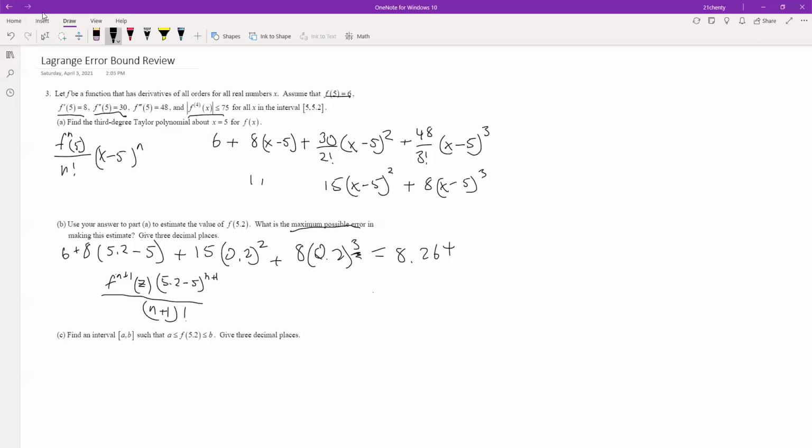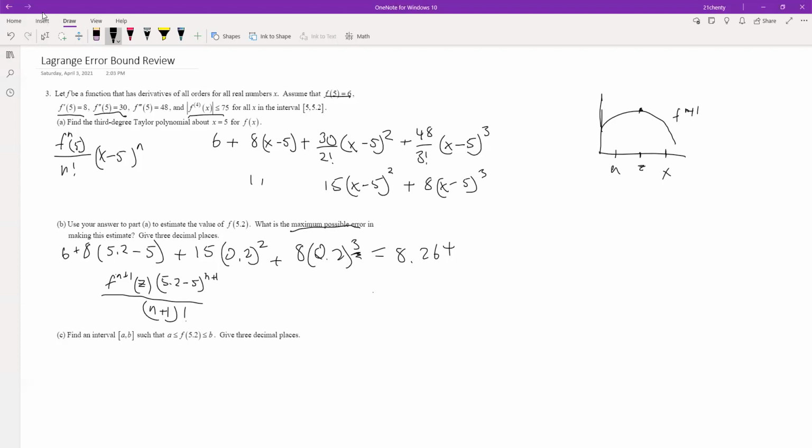Which means on the interval a to x, the point z is where the n plus 1th derivative has the maximum value. So just for example, if this is the graph of the n plus 1th derivative, and then this is A, this is X, or something like that, then this would be Z, because it's the maximum value.